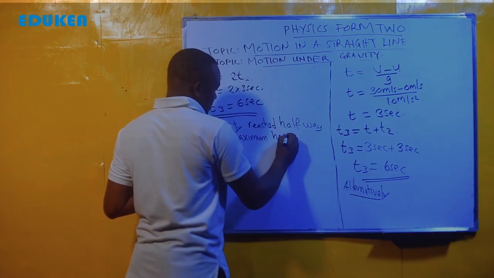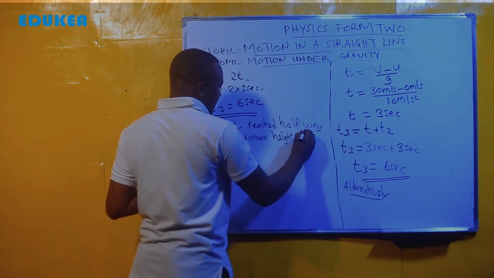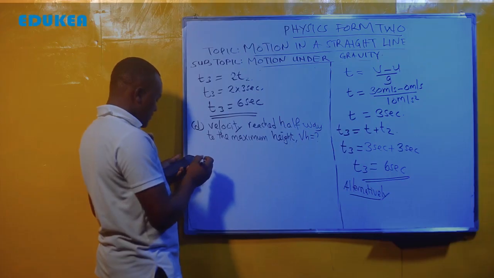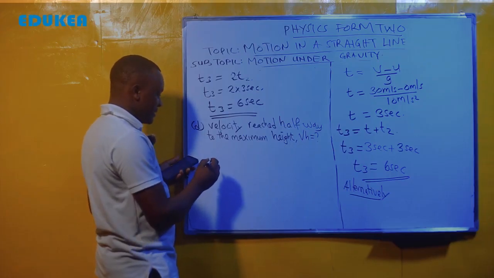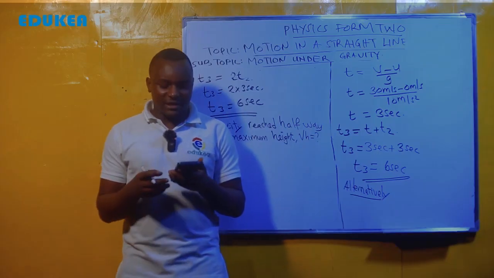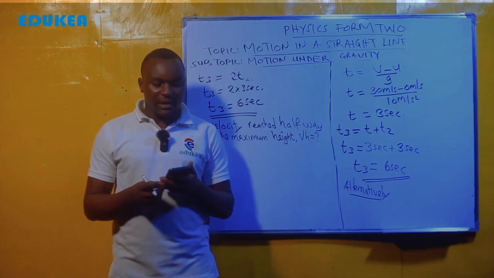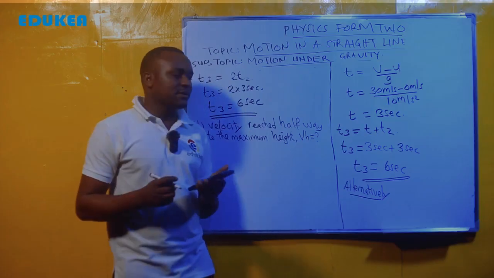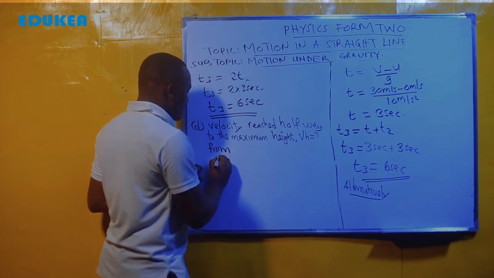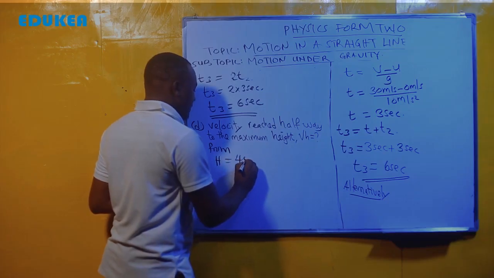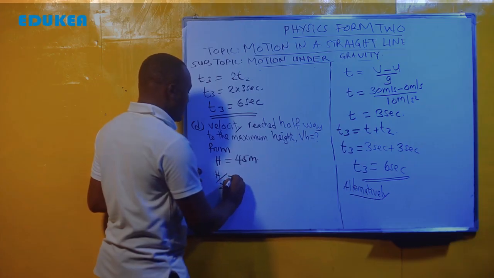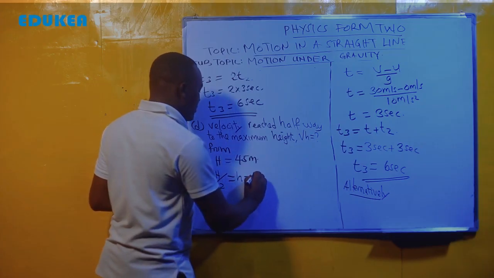Let's call it VH. So we know that when the stone is thrown vertically upward, we already got the value of H max, which is given as 45 meters. So H over 2 will be equal to 45 meters divided by 2.